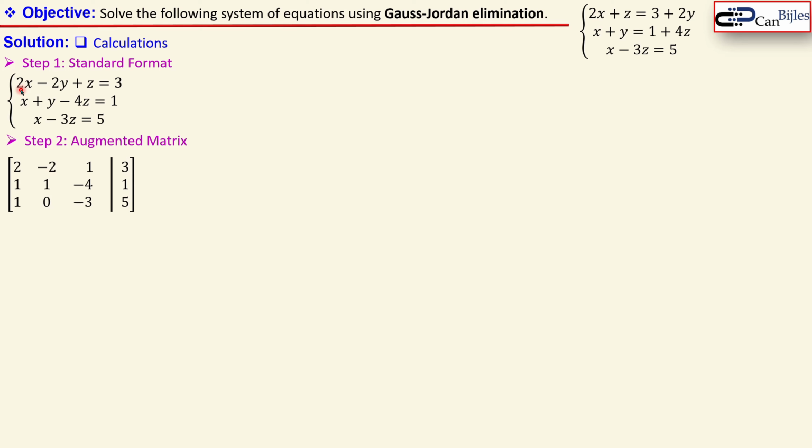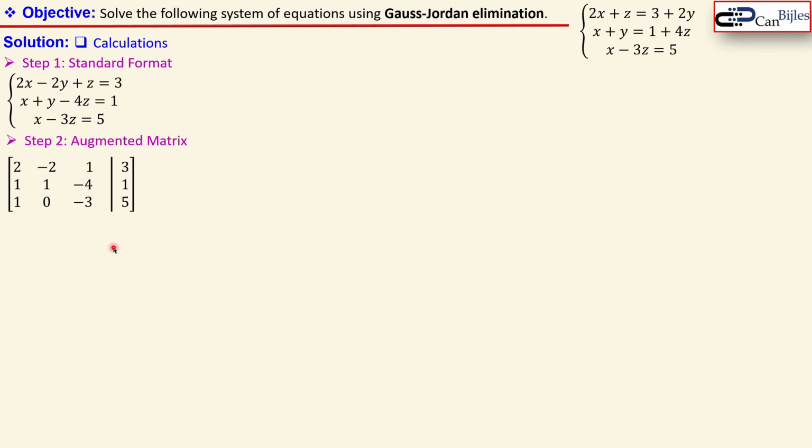So you see here 2, minus 2, 1, in a similar case 1, 1, and minus 4. So in order x, y, z, and you see here a 1. There is no y in the third equation, so that should be a 0, and then minus 3, and again the vector here as augmented form.